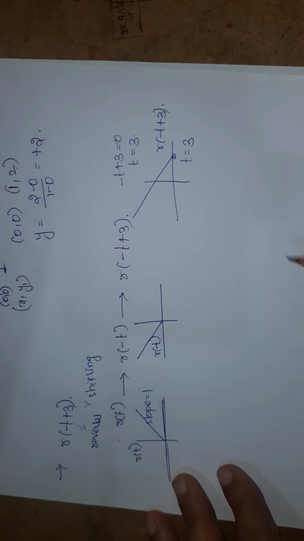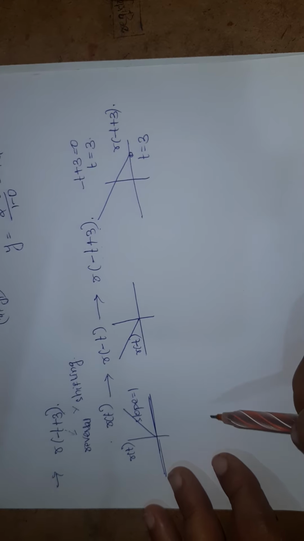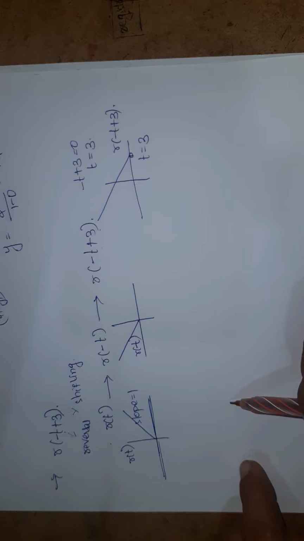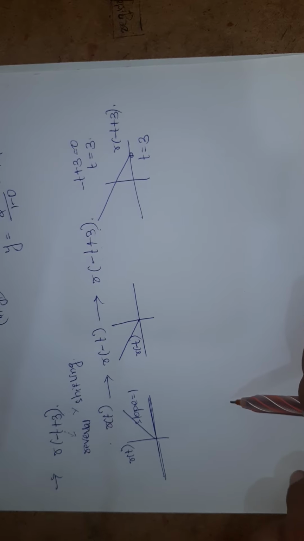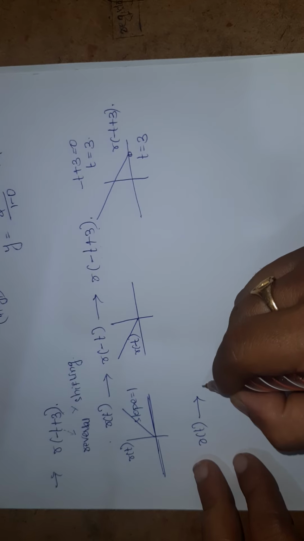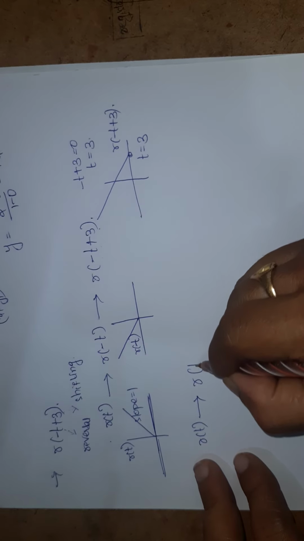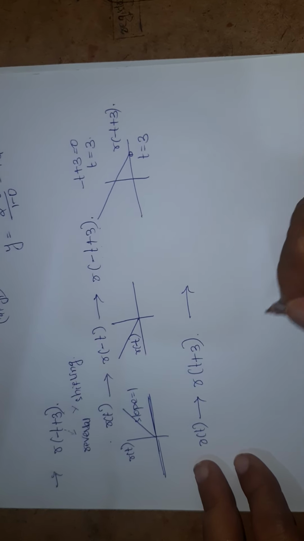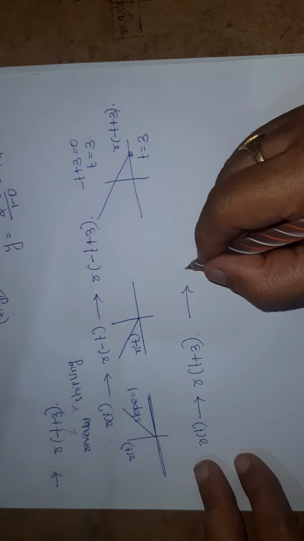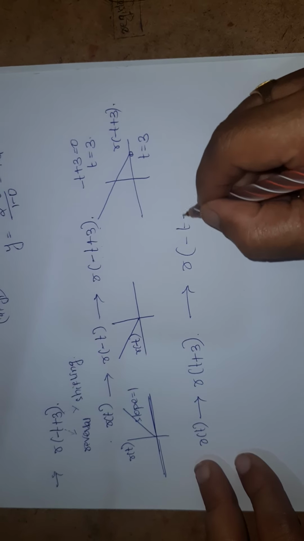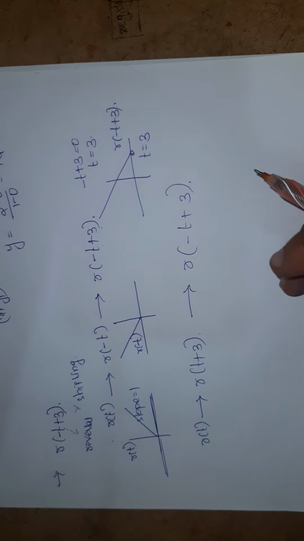So what will happen if the same problem I do first by shifting, next reversal. Okay, r of t, next r of t plus 3, next I am doing the reversal, r of minus t plus 3.